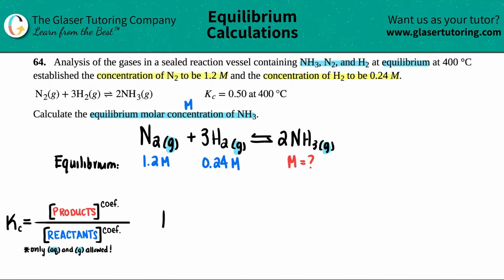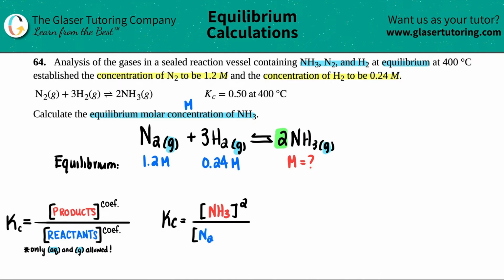So the Kc is products divided by reactants. It looks like we got NH3, and you have to raise it to the coefficient. There was a 2 in front of the NH3, so I have to raise it to the second, divided by the concentration of N2.